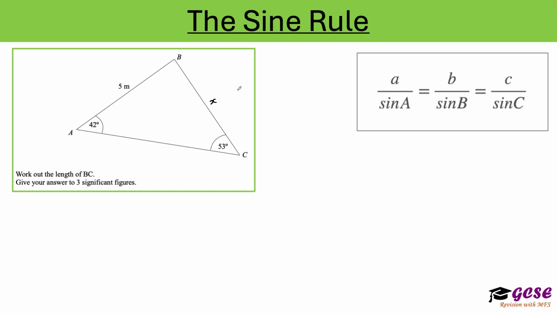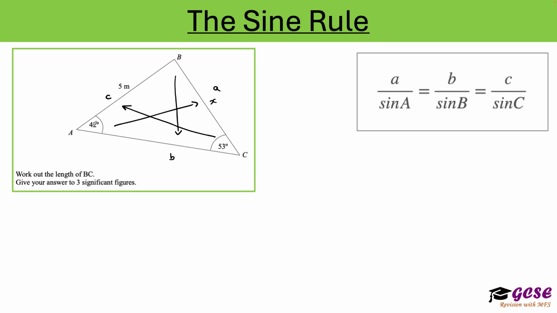Now the side which is opposite the corner is labeled the lowercase form of that letter. This is capital A, so the side opposite it is going to be lowercase a. This is capital B, so the side opposite it is going to be lowercase b. This is capital C, so the side opposite it is going to be lowercase c, just like that. Okay, now which letter can we cross out?